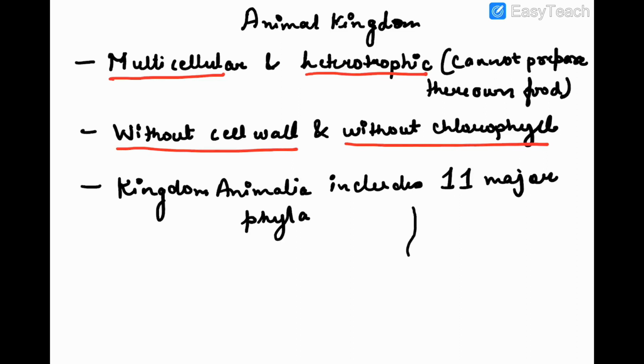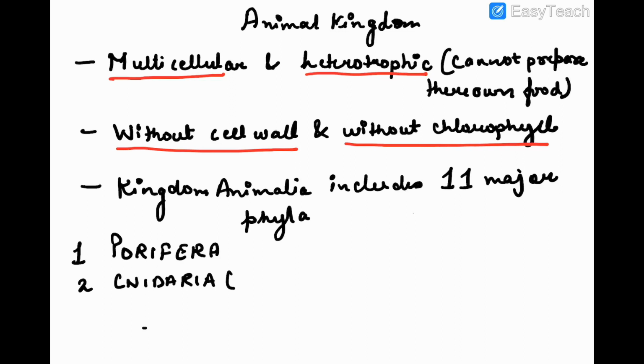These 11 major phyla are as below. Number 1, Porifera. Second, Cnidaria, which is also called Coelenterata.